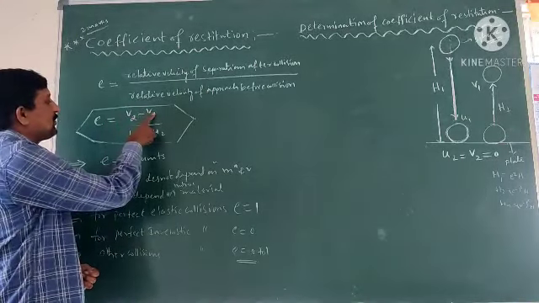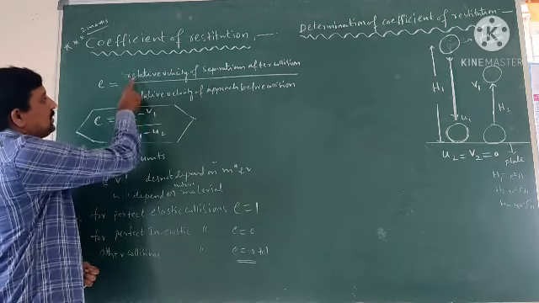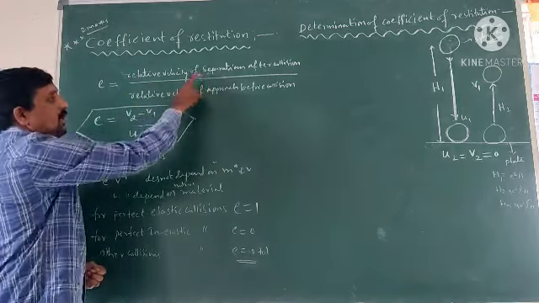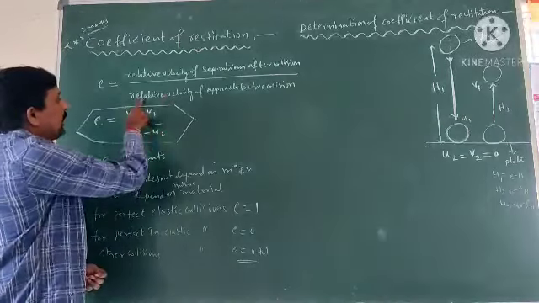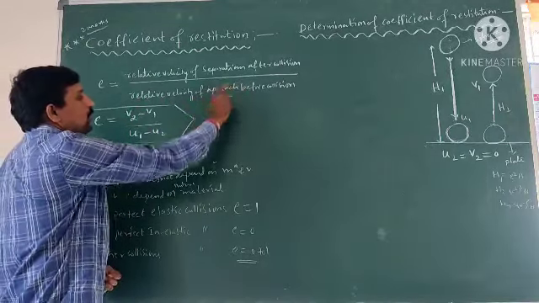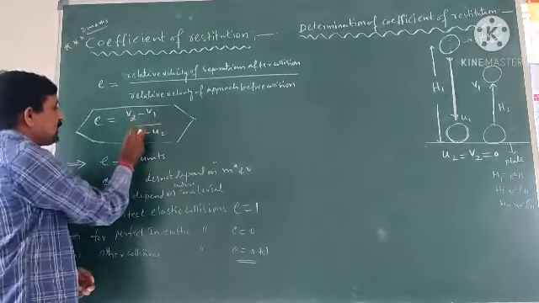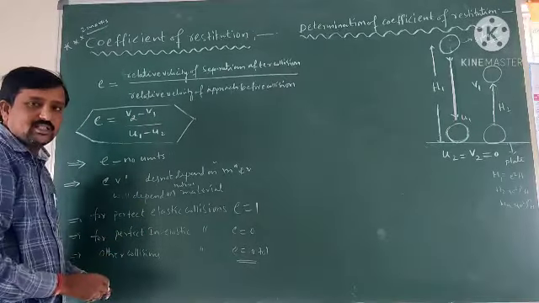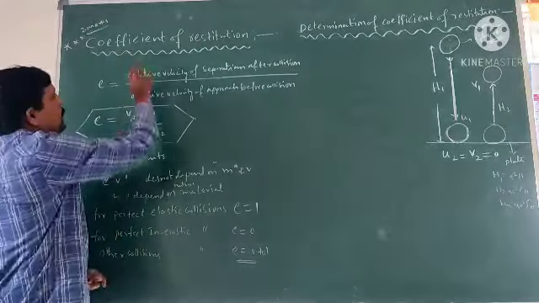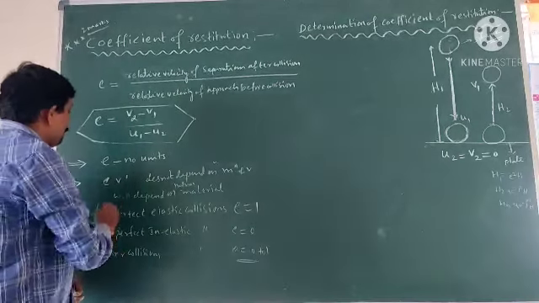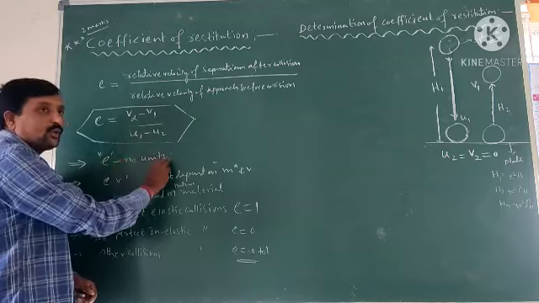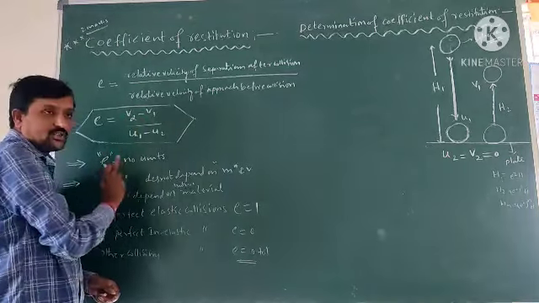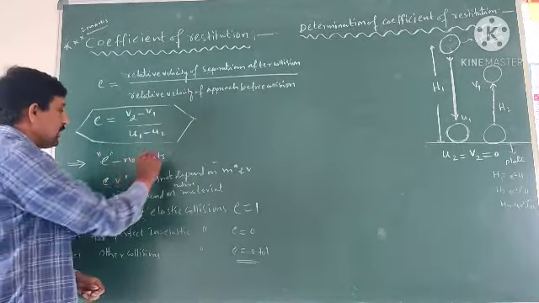Here v2 minus v1 is the relative velocity of separation after collision, and u1 minus u2 is the relative velocity of approach before collision. The coefficient of restitution, small e, doesn't have any units. It is a ratio, that's why it doesn't have any units.